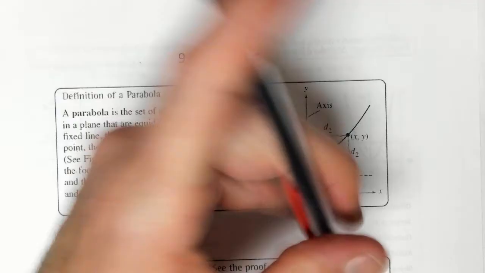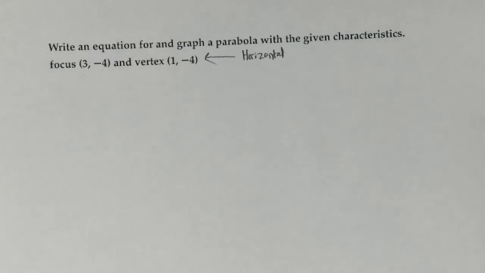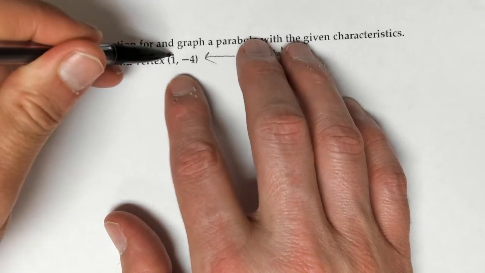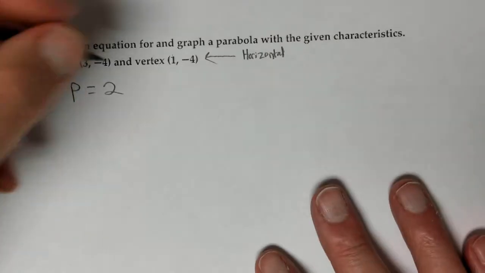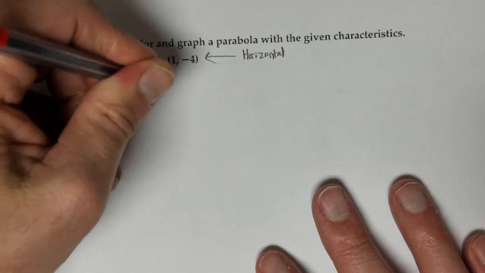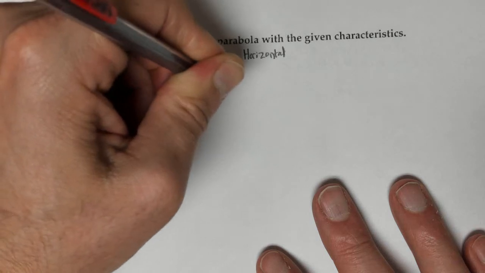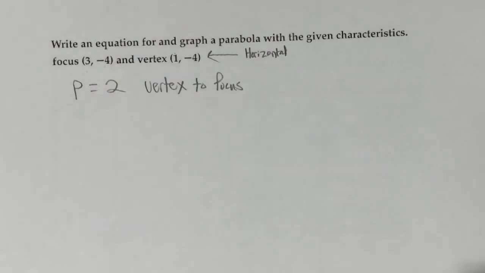What we can do is just see how far it is from the focus to the vertex. From 3 to 1, that's 2, so the value of P is equal to 2. And once again, what is that distance? It's vertex to focus. Okay? So now we have the two things that we need to write our equation for the parabola.